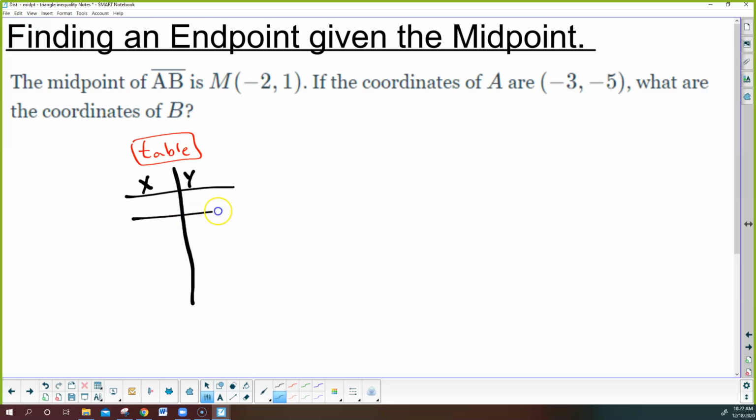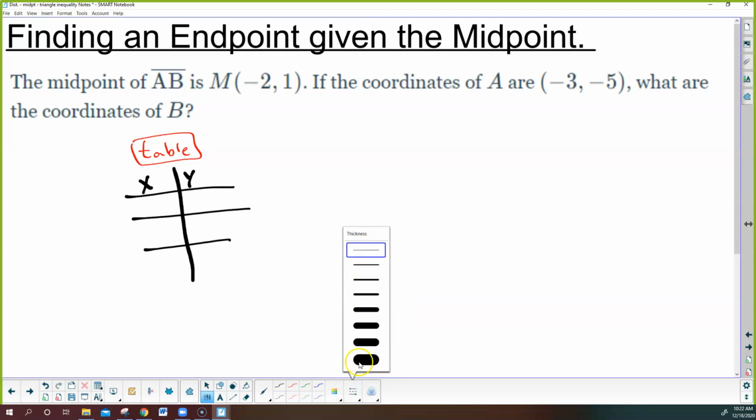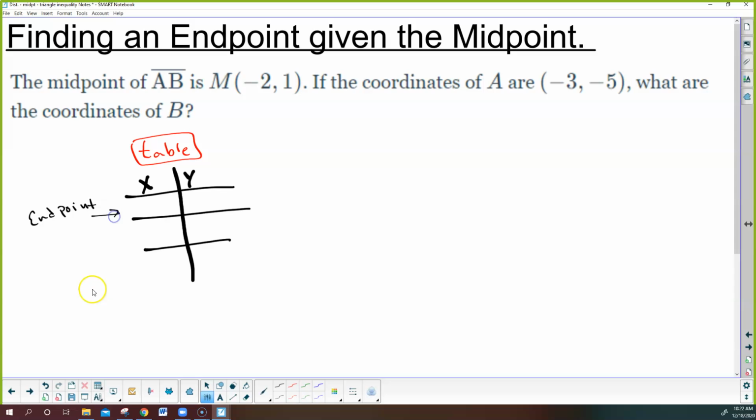In my mind, this makes this problem much faster. And think about how we set this table up. The table, we usually put the endpoints, and then right in the middle was the midpoint.